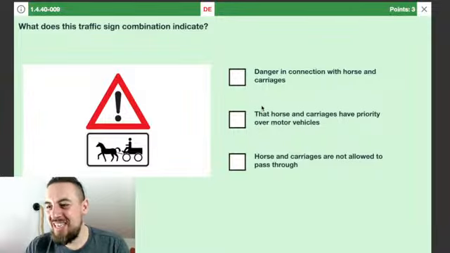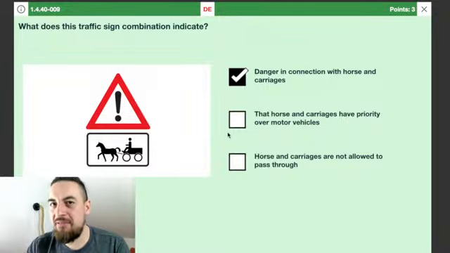So danger in connection with horse and carriages is correct. That horse and carriages have priority over motor vehicles? No. It is just that you have to take care of them as they might appear, but it has no indication of priority. That's why it's just the first. Yes.